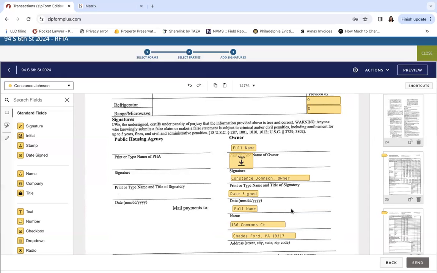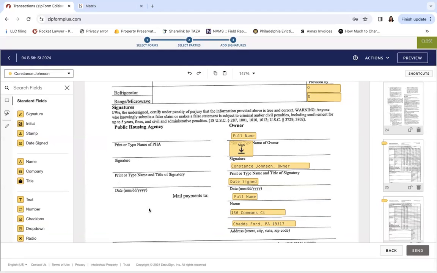So they're going to put the owner's name and/or whoever is receiving the payments and their address here. This side is for the PHA, and this is Delaware County Housing Authority. And then their portion goes there on the left-hand side.